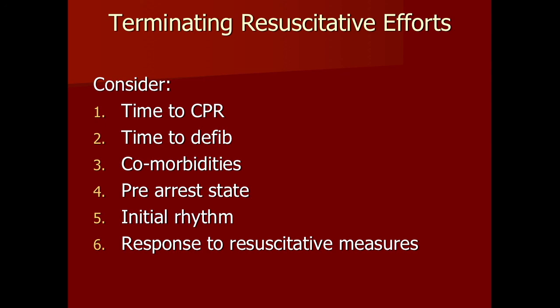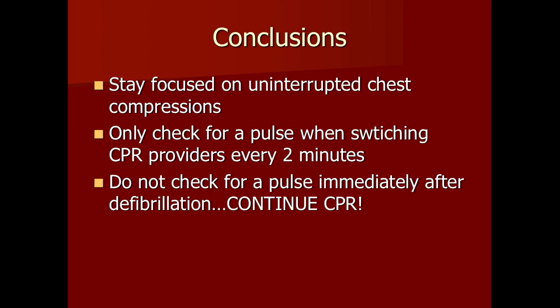What was their pre-arrest state? Were they already on vasopressors? Were they receiving the sepsis bundle? Were there other things going on with this patient? What was the initial rhythm? We talked about asystole being associated with very poor outcomes. And what is their response to any of those resuscitative measures? Did they have a change of rhythm at any point during the CPR that is being given?